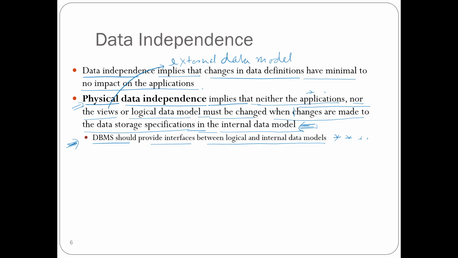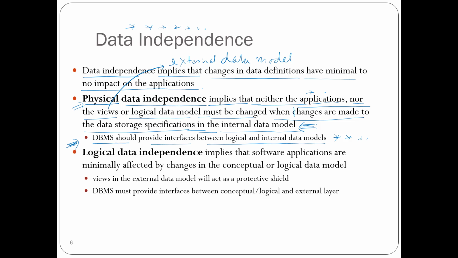It's an important thing to remember. In fact, I should put the stars over here at the top to give you the hint that data independence is an extremely important topic. So much so that probably I already mentioned that three-level architecture or three-schema architecture is a very important concept in database management. Now let's move on to the next class of data independence, which we call logical data independence.